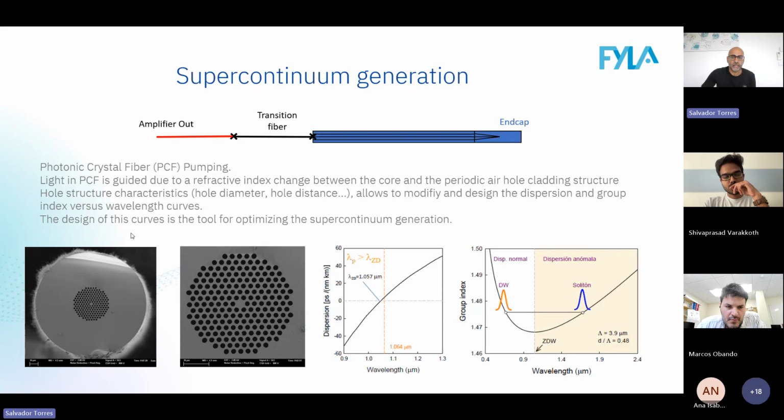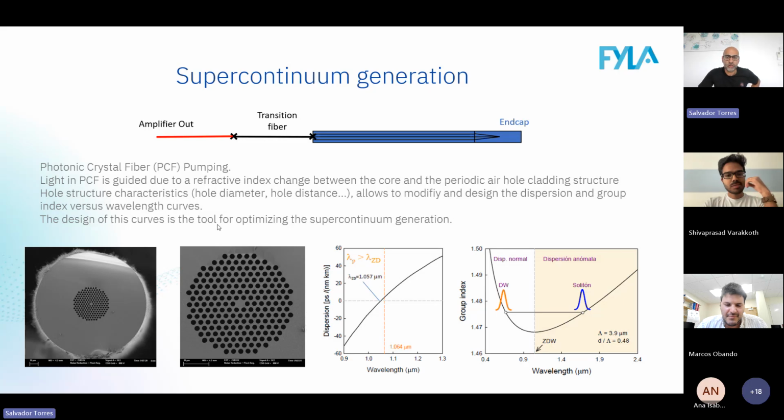The design of the hole structure, I mean hole diameter, distance between holes, or hole rings with different diameters, etc., allows the dispersion curve of the light to be designed as a function of the wavelength. This curve has an important role in the nonlinear processes and contributes to optimizing the spectral broadening. So this is a general description of the principles of a supercontinuum laser.